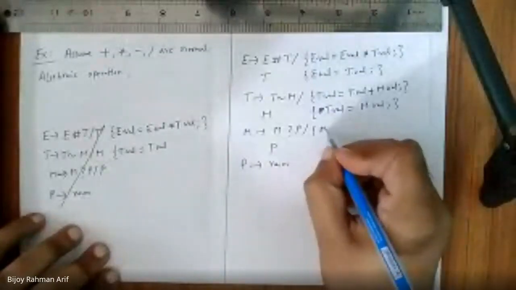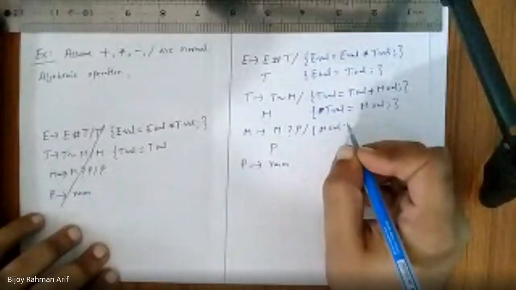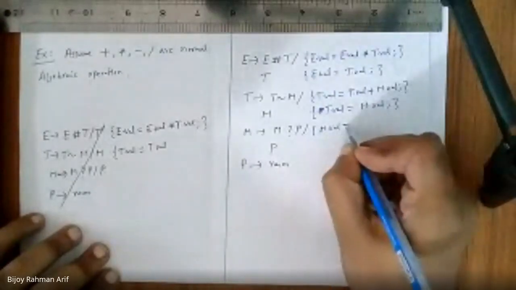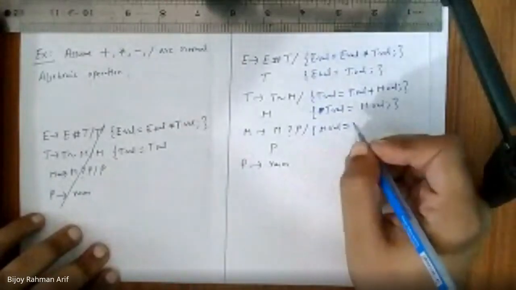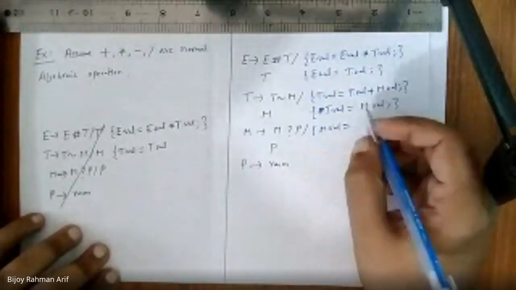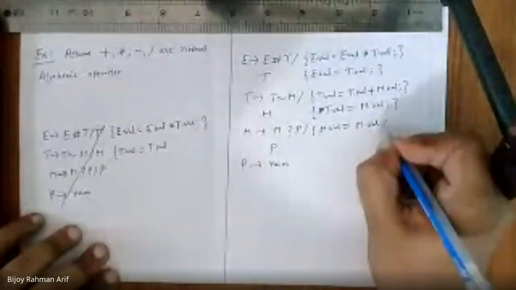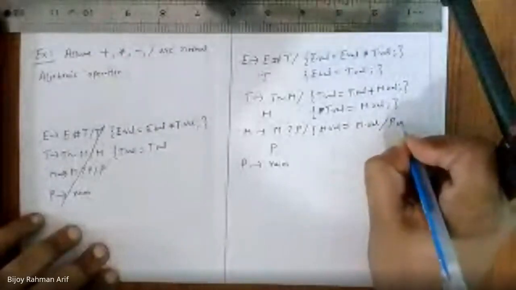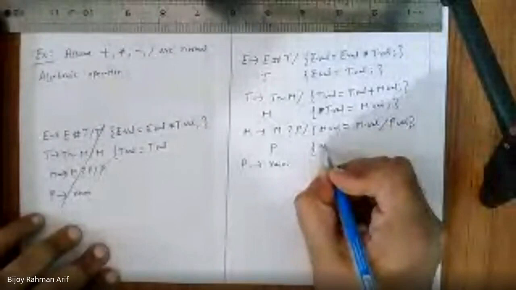M dot val is equal to M dot val divided by P dot val. M dot val is equal to P dot val.